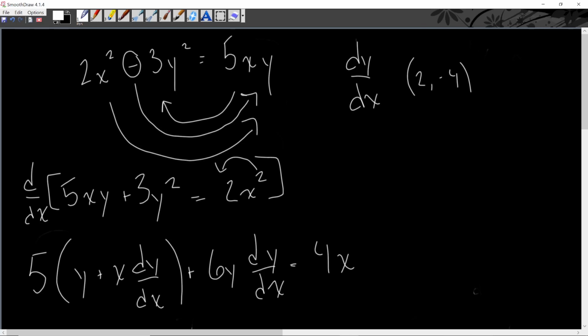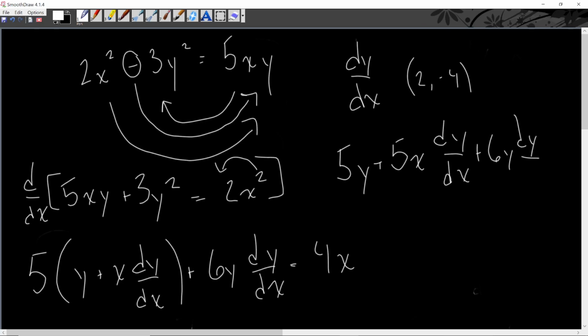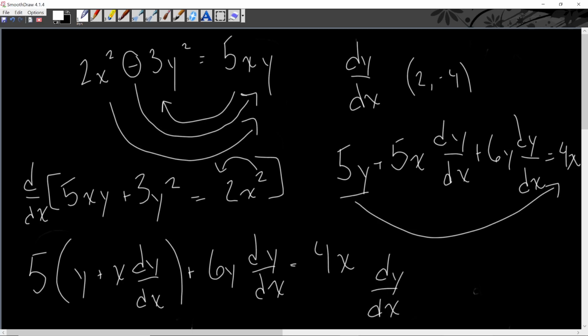So we have all of that, and now let's distribute that 5. We have 5y plus 5x dy dx plus 6y dy dx equals 4x. All right, great. Now we bring that 5y to the other side. It does not have a dy dx attached. And just to do it in one step, we're going to factor out that dy dx as well. We'd have 5x plus 6y, only two terms with dy dx attached to it, equals 4x minus 5y.